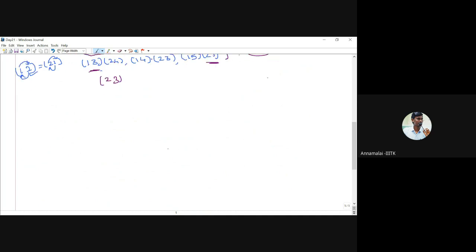So what is the second question? Suppose V is the set of all 6 by 6 symmetric matrices. So second question: let capital V be the vector space of all 6 by 6 real matrices.